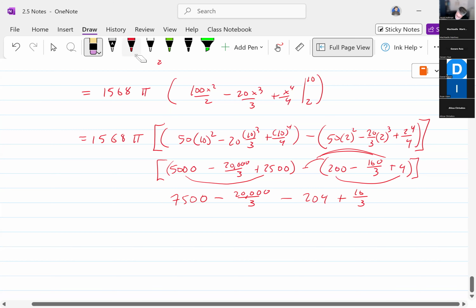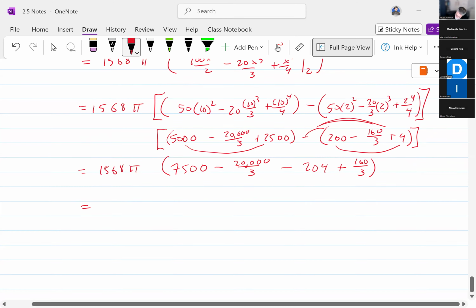I can get rid of the brackets. This is equal to 1568 pi. Now 7,500 minus 204 is 7,296. This is going to be 20,000 minus 160, which is 19,840 over 3.